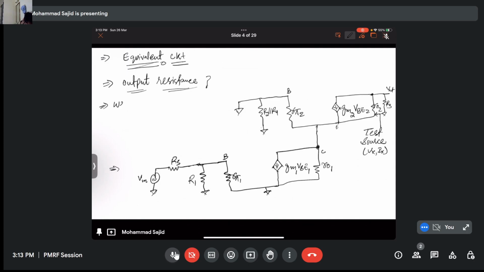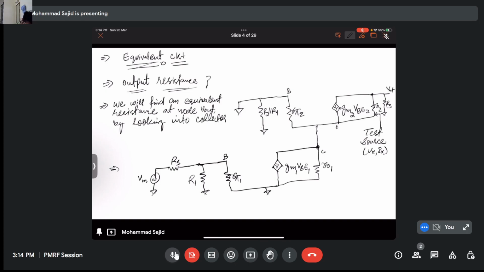We'll find an equivalent resistance at node V out by looking into, or you can write at the collector node.